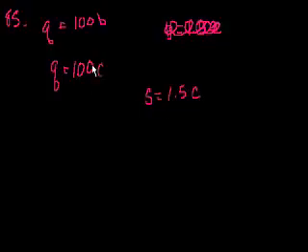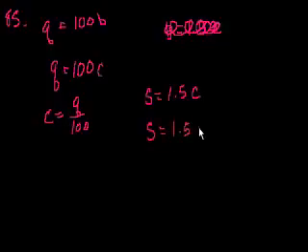So let's write Q in terms of the cost. So cost is equal to Q divided by 100. I just divided both sides of that equation by 100. And then we could just substitute C, the cost, here. The selling price is 150% of this. So selling price is equal to 1.5 times C, which is Q over 100.